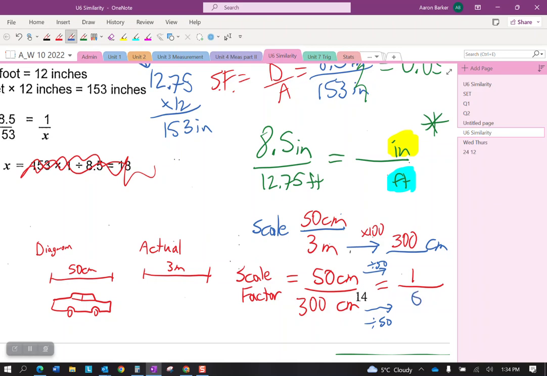How come I don't have centimeters? Because they cancel out. So you get 1 over 6. Personally, Mr. Barker likes working with the scale when I do my work because I don't have to worry about changing units. But if the question is specifically asking for the scale factor, then you have to work with the scale factor. Questions, comments, or concerns?